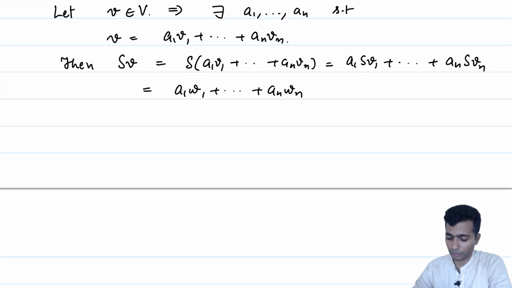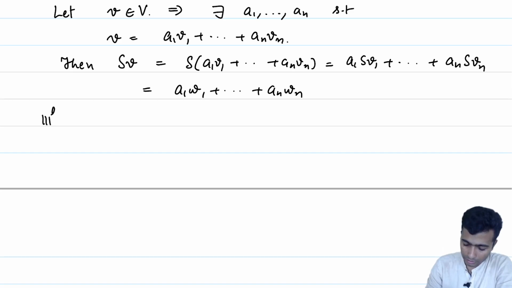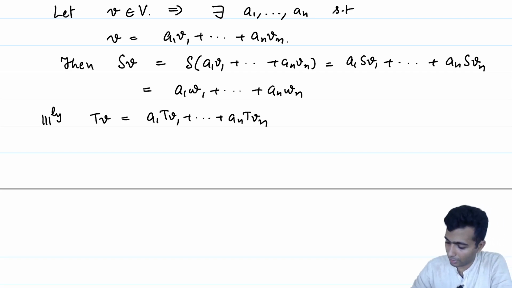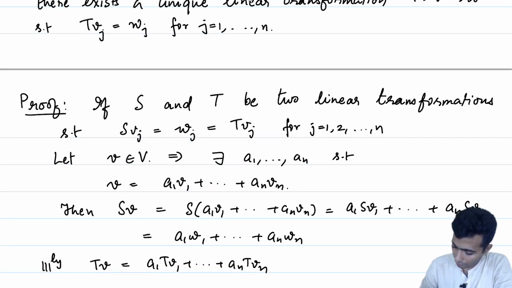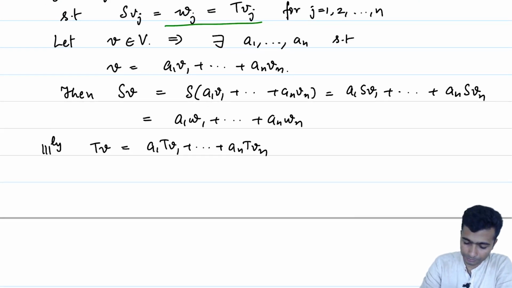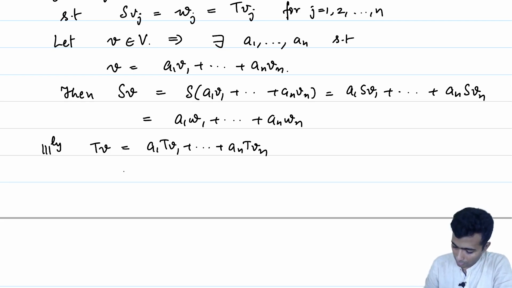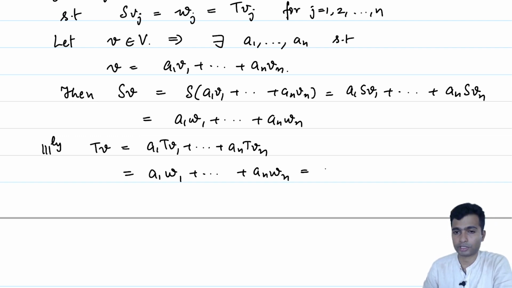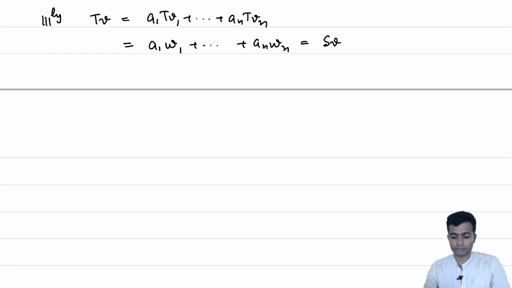Now let us try to see what will be T of V. Similarly, T of V will also be A1 T V1 plus up to An T Vn, which again by this part of the statement will be equal to A1 W1 plus up to An Wn, which is exactly this expression for S of V. And therefore, if at all there exist linear transformations which send Vj to Wj, then it should necessarily be a unique linear transformation.